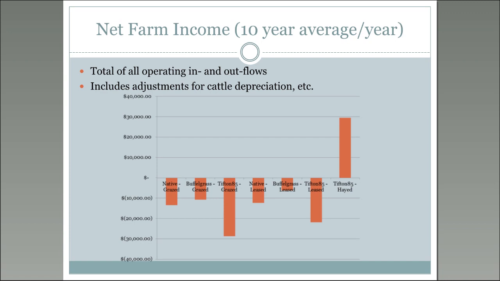And again, we were assuming the lower rate of fertilizer because those cows were on it and turning out a lot of those nutrients back into the soil themselves. When you look at the lease situations, it's a little bit better case. So you see that our negative isn't quite as negative, and that's because you're not taking on the cost of the cattle.